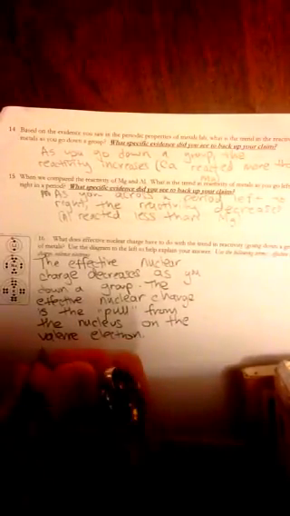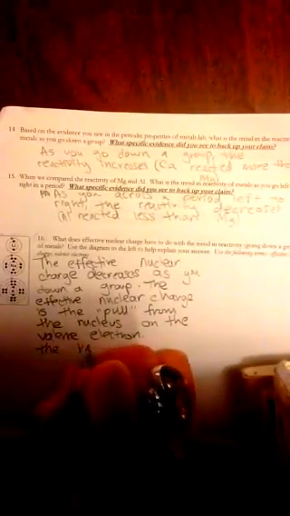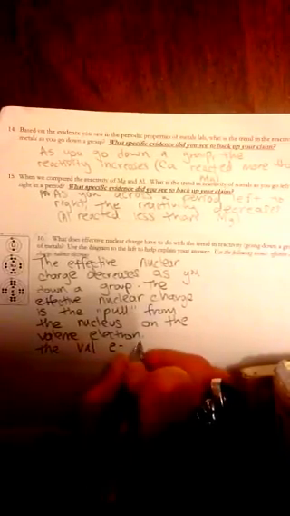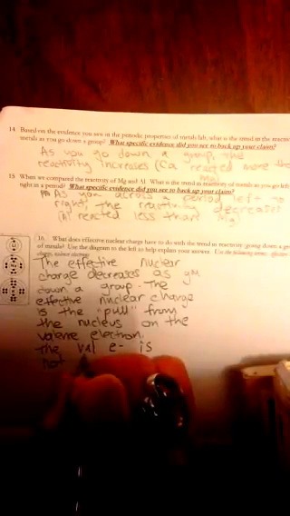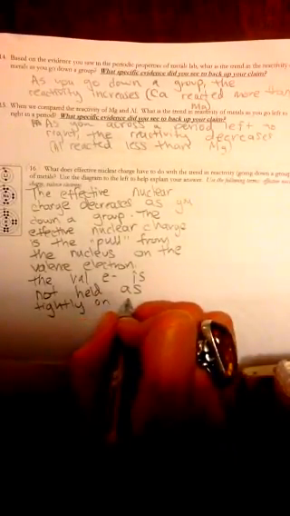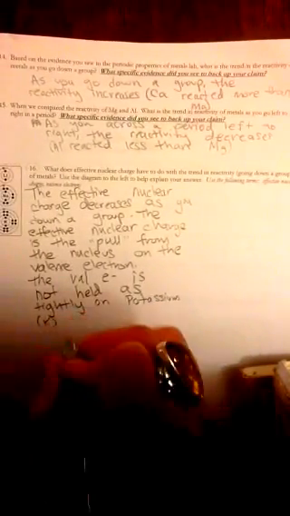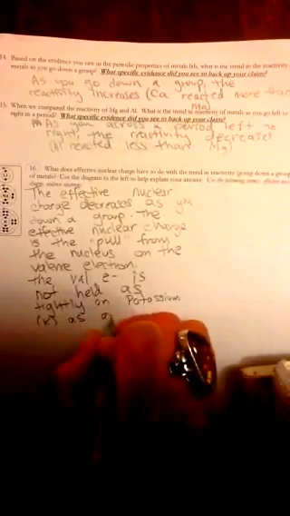So I'm going to write the short. The valence electron is not held as tightly. Let me move this up a little bit. Not held as tightly on potassium, which is K, as on lithium.